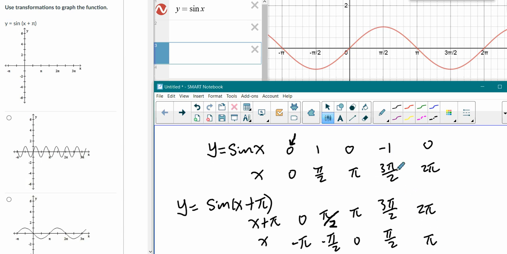So you can see the pattern is the same for the rest of the values. Previously, again, for sine x equals -1, you need x to be 3 pi over 2. So at 3 pi over 2, we have -1 for the y value. And here is x plus pi. We do not need 3 pi over 2 for x.